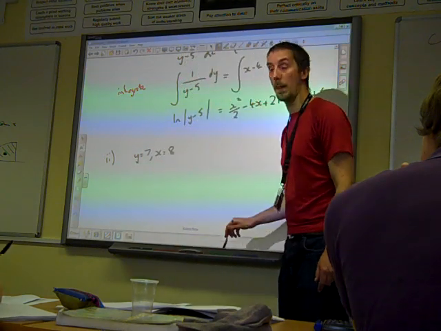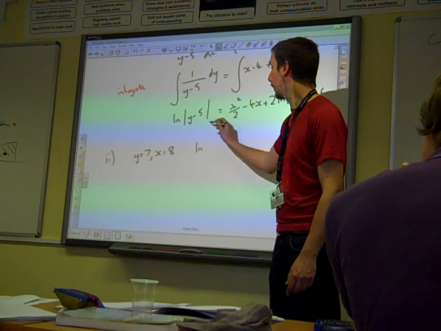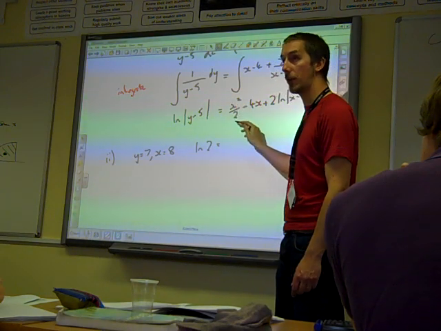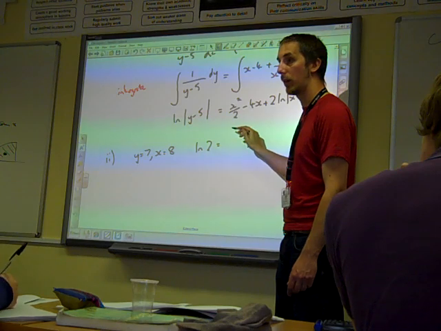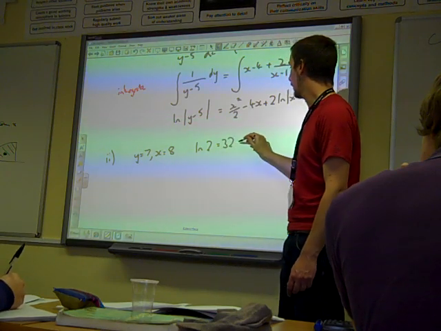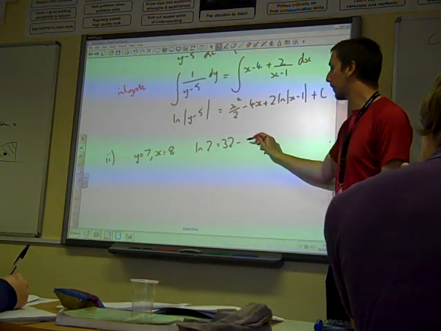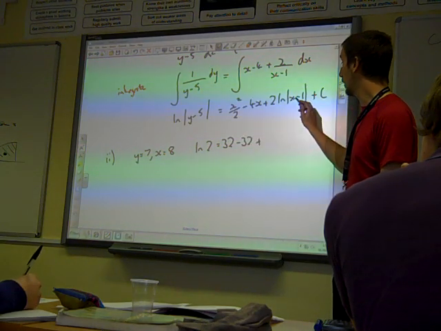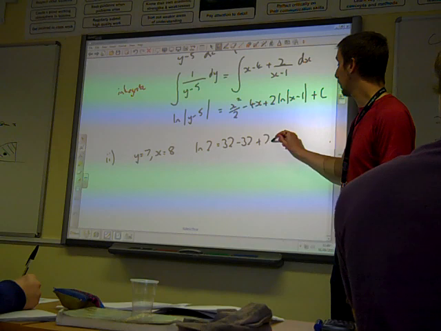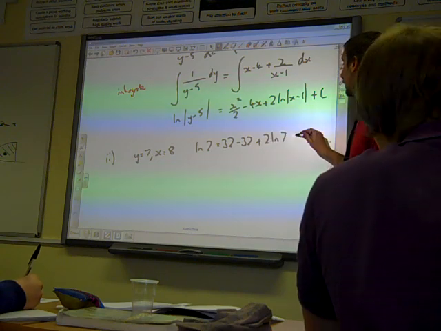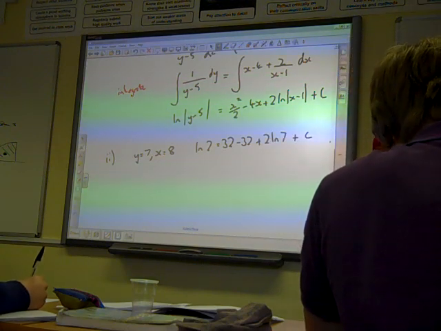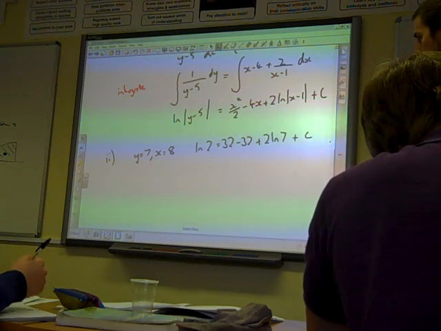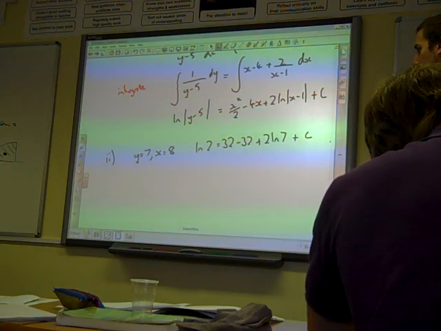That tells us that the natural log of 2 equals 64 over 2, so 32, minus 4 times 8, so 32, plus 2 ln 8 minus 1, plus c. If we rearrange that, the 32's cancel out, don't they?